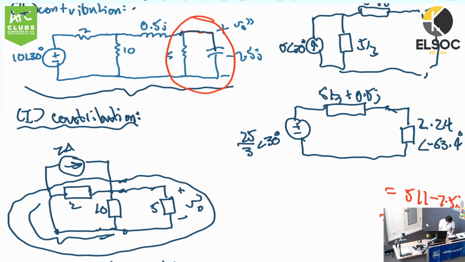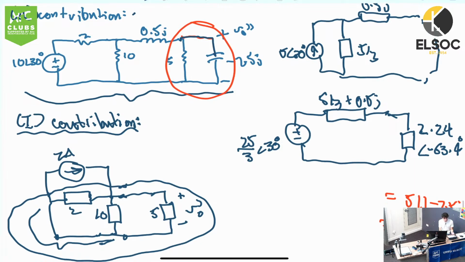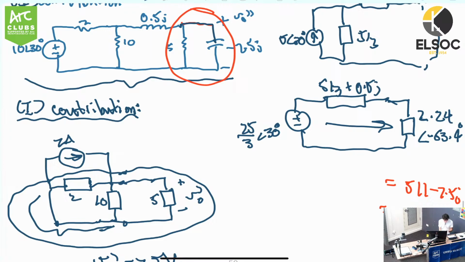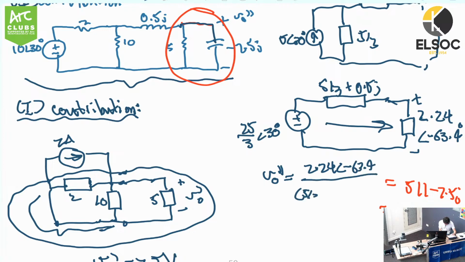Okay. And so what we can see here is that now we've simplified the circuit quite substantially, and so we can do voltage divider. We can look at this voltage only, and that's what we care about. So we'll do voltage divider. V0 double dash is going to be equal to the voltage that we want, 2.24 angle minus 63.4, on top of that extra impedance that we don't care about, plus the same impedance that we do care about, angle minus 63.4.